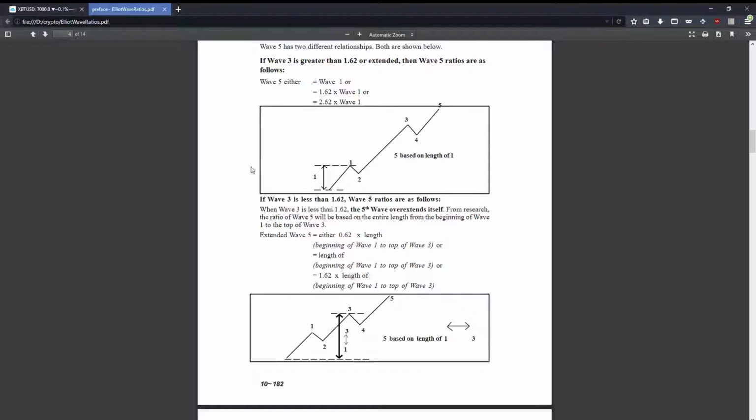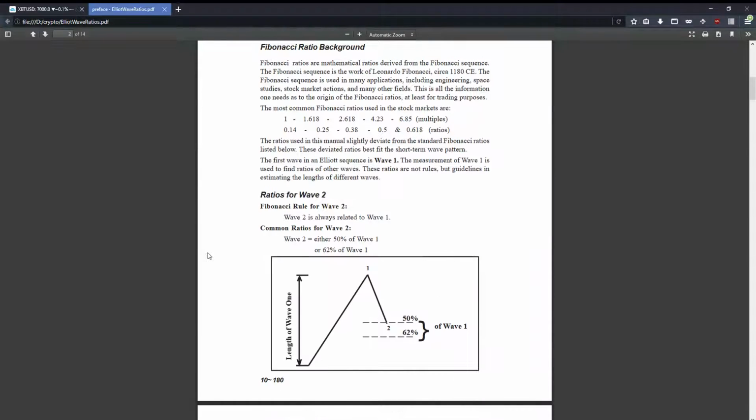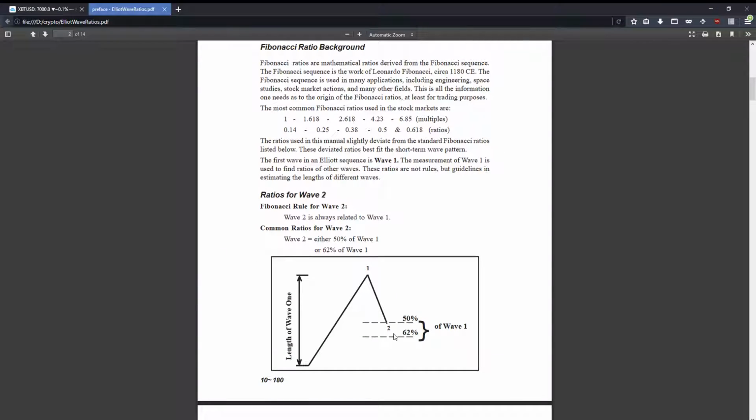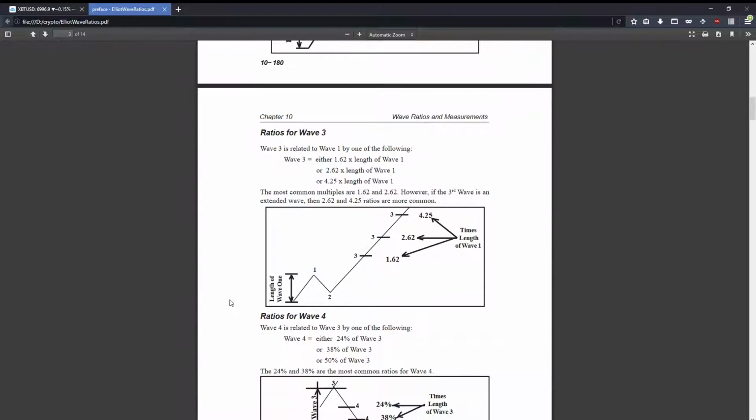So let's go back to the PDF. Wave 3. So we have 1 and 2. 50% of 62. We know we bounced at 50%, so we'll move to wave 3. Wave 3 is related to wave 1 by one of the following: either 1.62, 2.62, or 4.25, the length of wave 1.